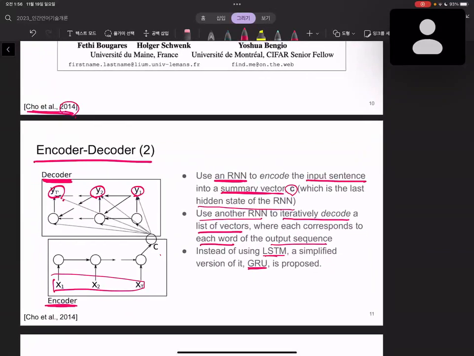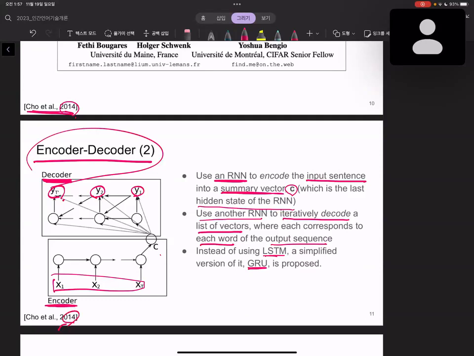So anyway, this encoder-decoder architecture is very simple and intuitive, and maybe you cannot understand why people did not use this architecture before 2014, because this is really simple, but they did not know.